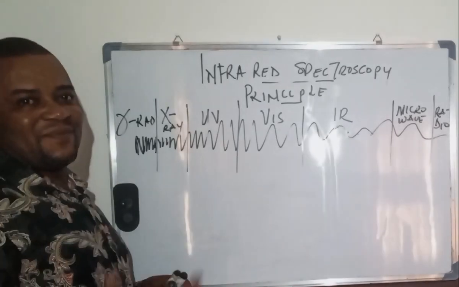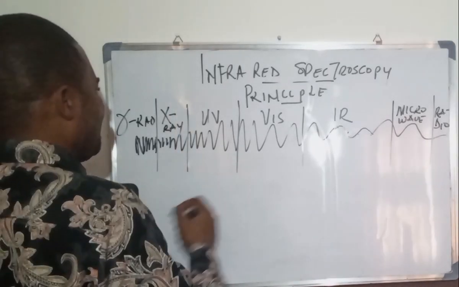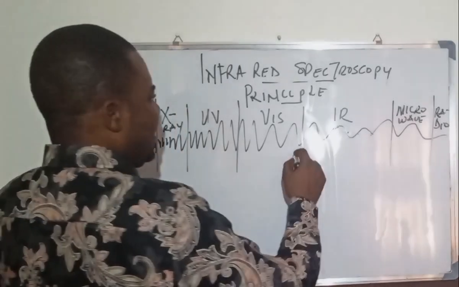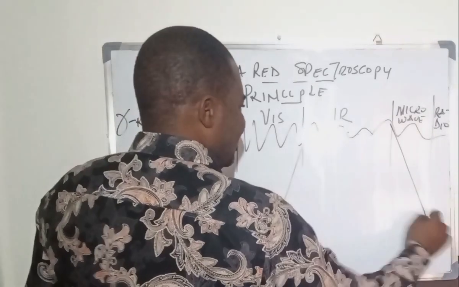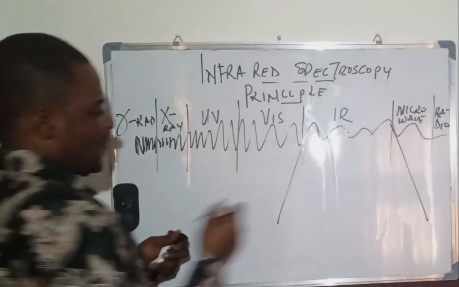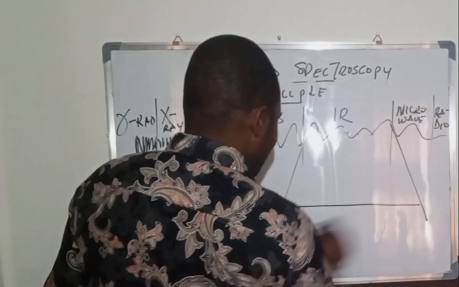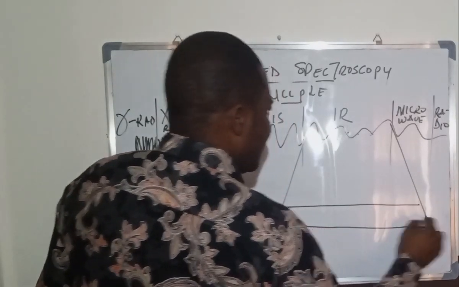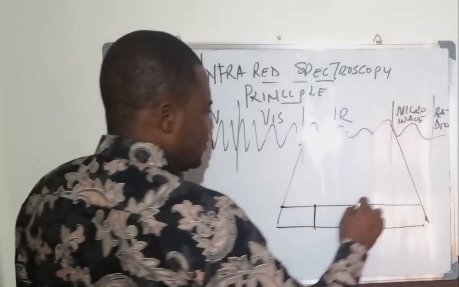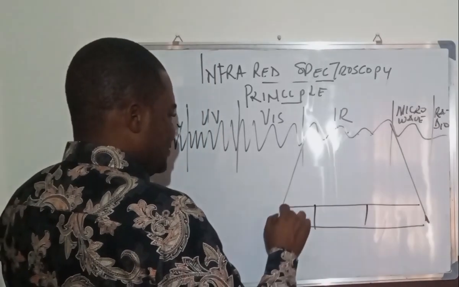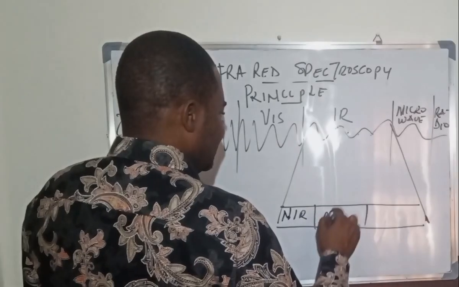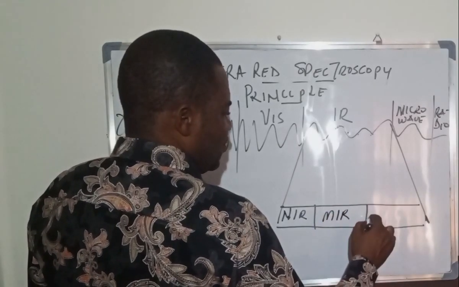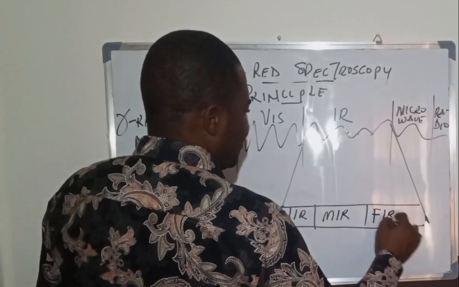Now it is relevant for us to know that even within these IR radiations, we still have a division. The IR radiation is divided into the near IR radiations, the mid IR radiations, and the far IR radiations.